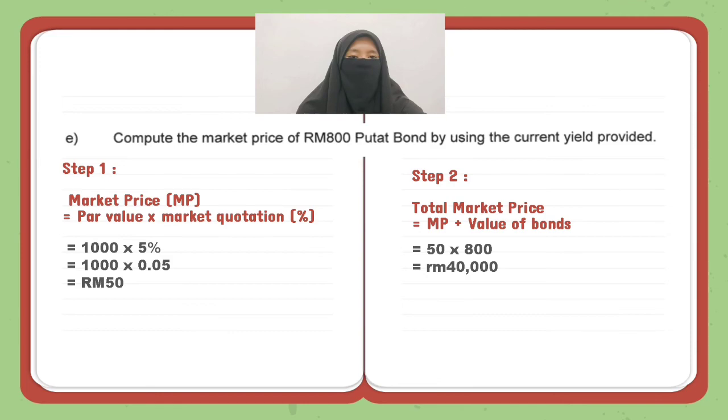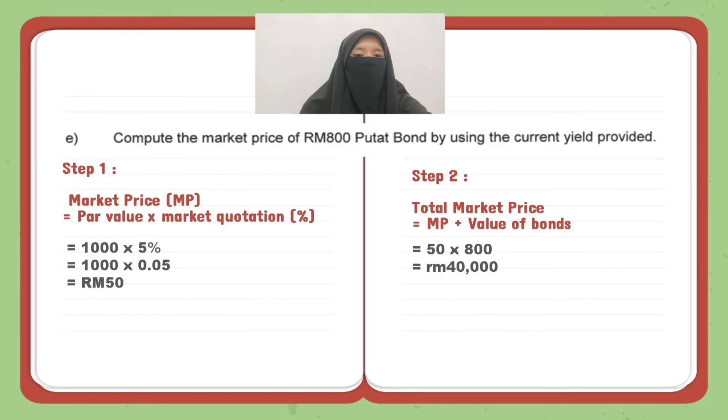Last question is E. Compute the market price of 800 ringgit putat bond by using the current yield provided. First, calculate the market price, which is par value times market quotation in percentage.